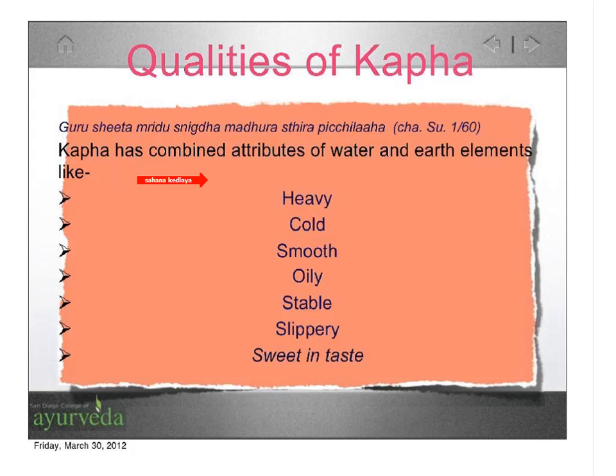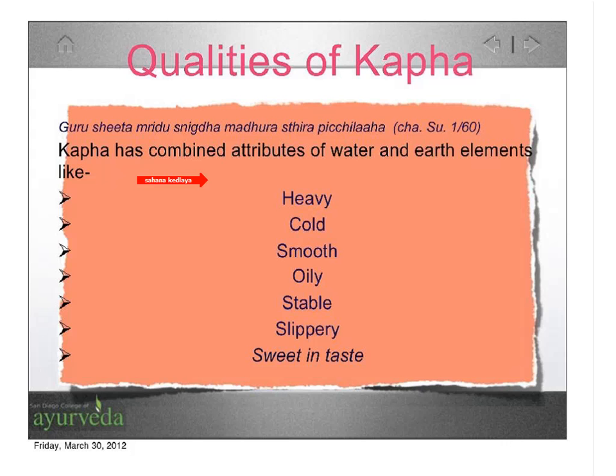Those are the basic things we always have to remember: the 20 gunas, the Pancha Mahabhutas, and the relation between the 20 gunas, the Mahabhutas and the doshas, etc. If you are very thorough with that, there is no need to memorize the qualities of Kapha.